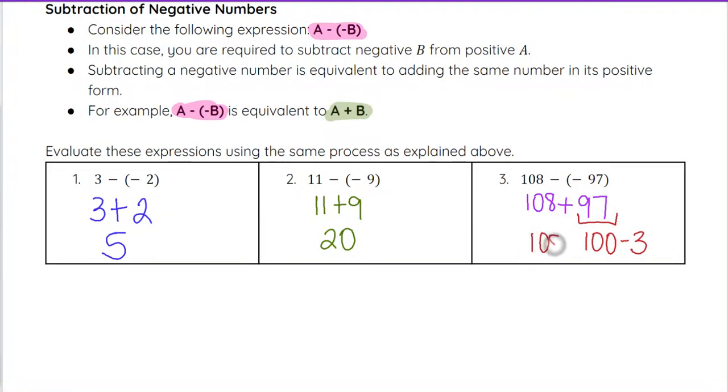So I'm going to take 108 and add 100 to it. 108 plus 100 is 208, but I added an extra 3 when I added 100 instead of 97, so then I need to subtract 3 still, and that's how I get 205.